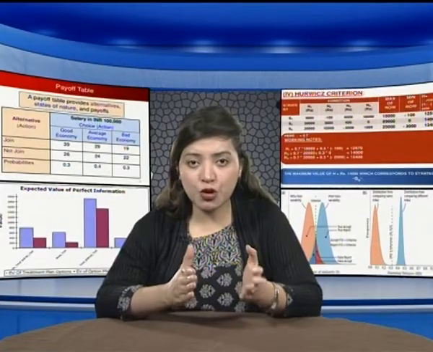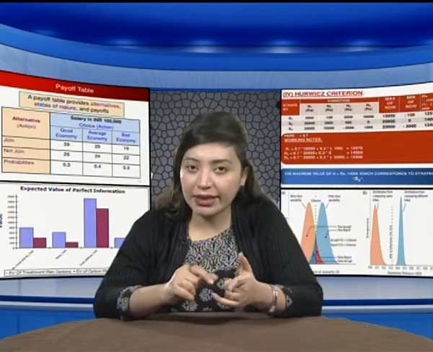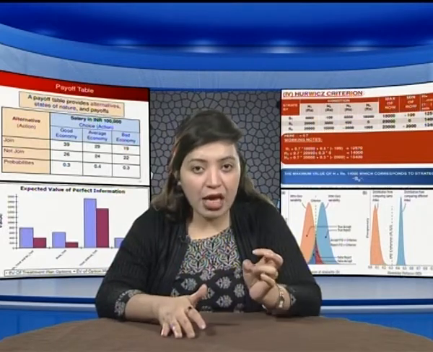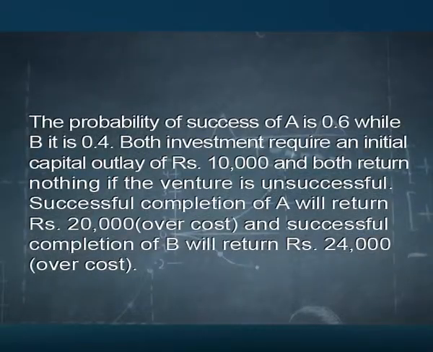A person has two independent investments, A and B, available to him, but he can undertake only one at a time due to certain constraints. He can choose A first and then stop, or if A is successful then take B, or vice versa. The probability of success of A is 0.6, while for B it is 0.4.